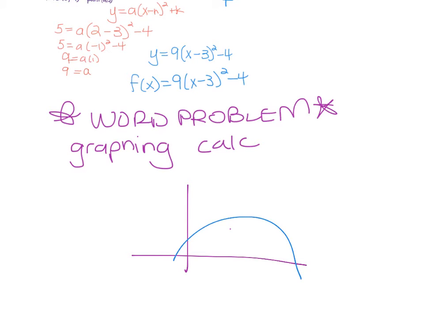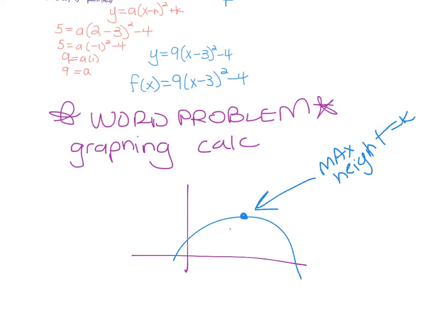Okay, it could ask me, what is the maximum height? So for maximum height, I'm going to trace, go to the maximum, and the maximum height, or it could be minimum if it's open the other way, would be my k value, or the y coordinate of your vertex.